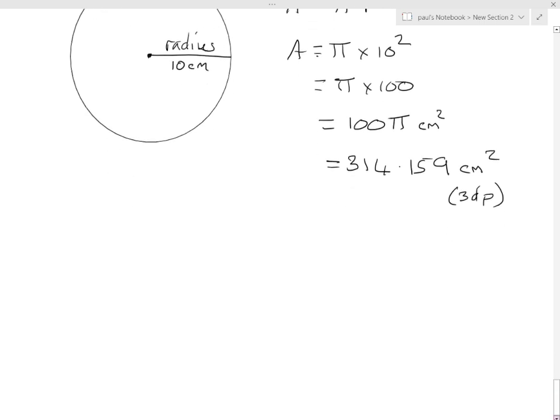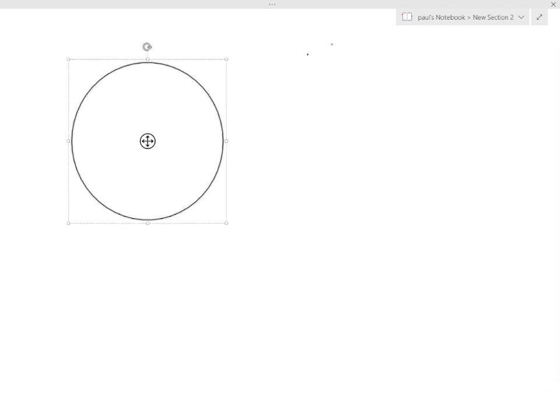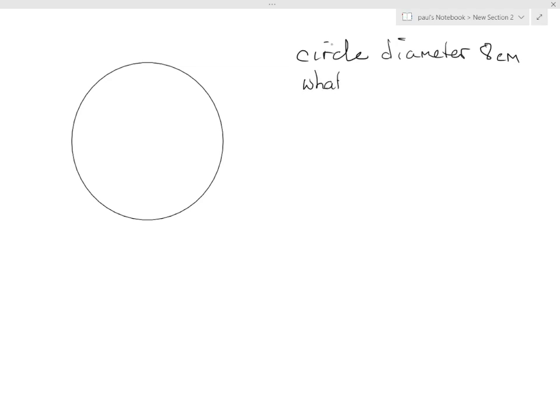Now, what happens if we've got a circle with a diameter of 8 centimeters? What's the area? Okay, so area equals pi r squared, area equals pi radius squared.